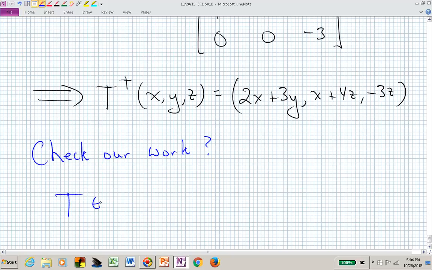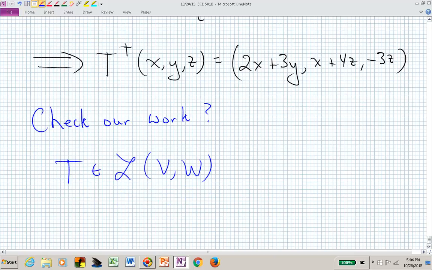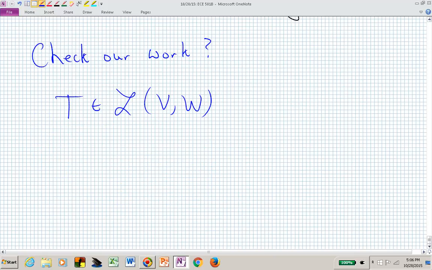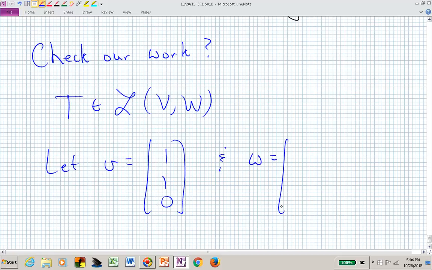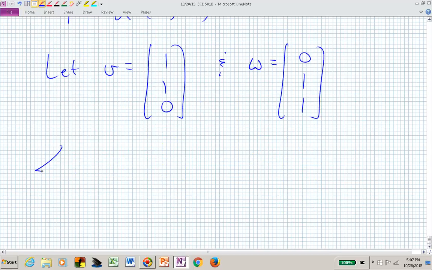Now we have this T going from, let's say, V to W. What if I simply selected two vectors, one in capital V? I know it has to be a 3 vector. And what if I picked a vector in W for this T that I was working on? It too is a 3 vector. Now, what if I form the inner product of Tv with w?